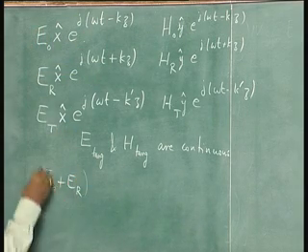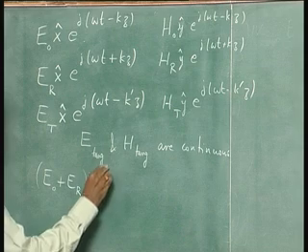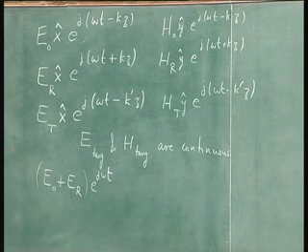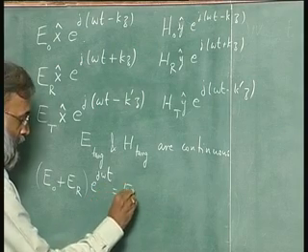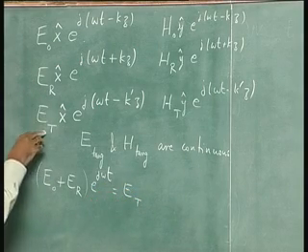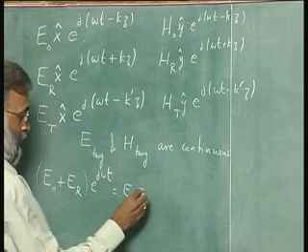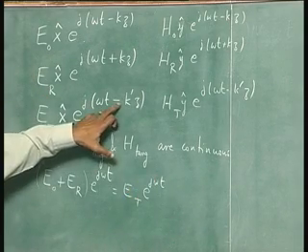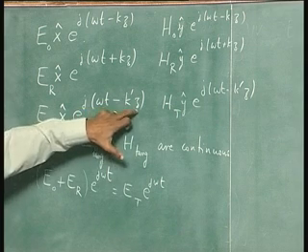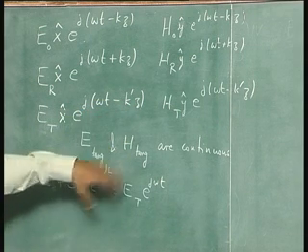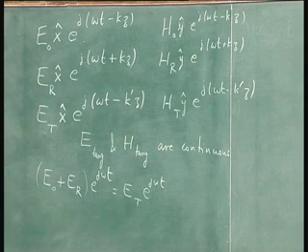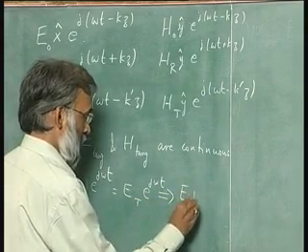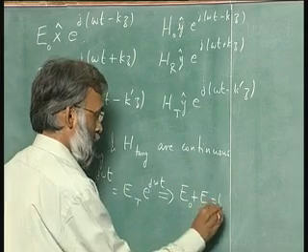This is equal to the electric field on the right hand side, E transmitted, again into e to the j omega t. Again z goes to 0, so this term does not come. I can remove the e to the j omega t. So, what I get is E naught plus E r is equal to E t.